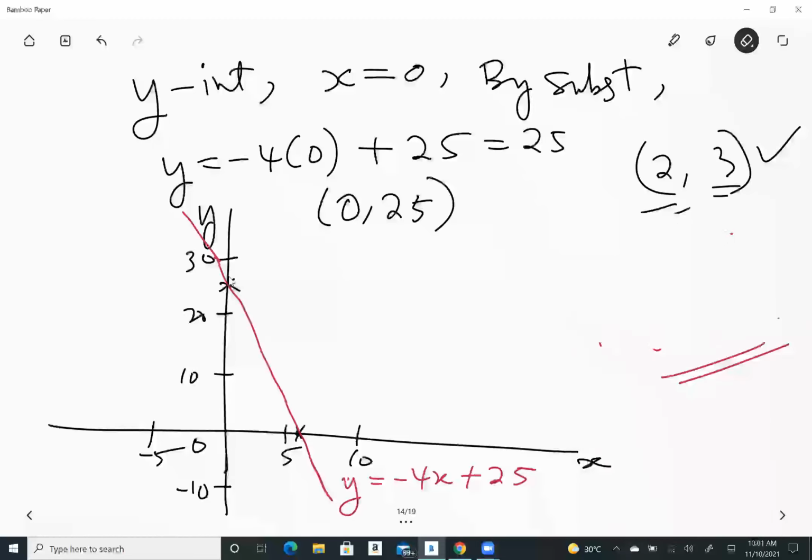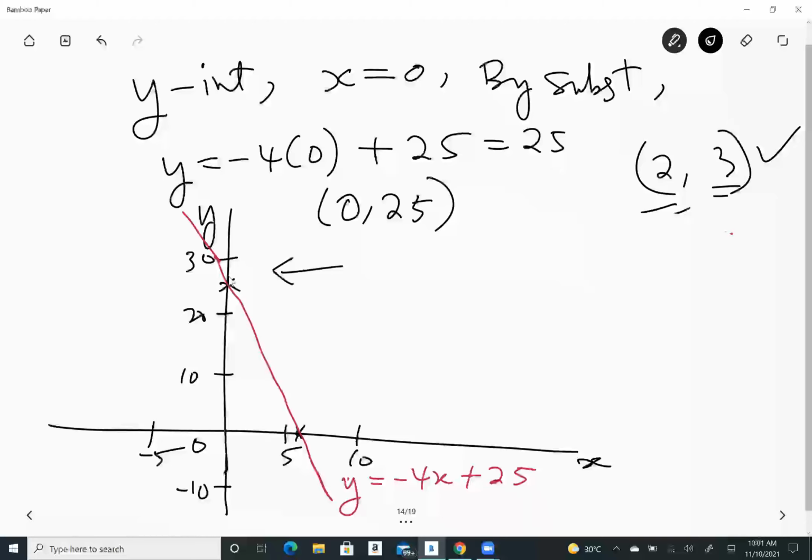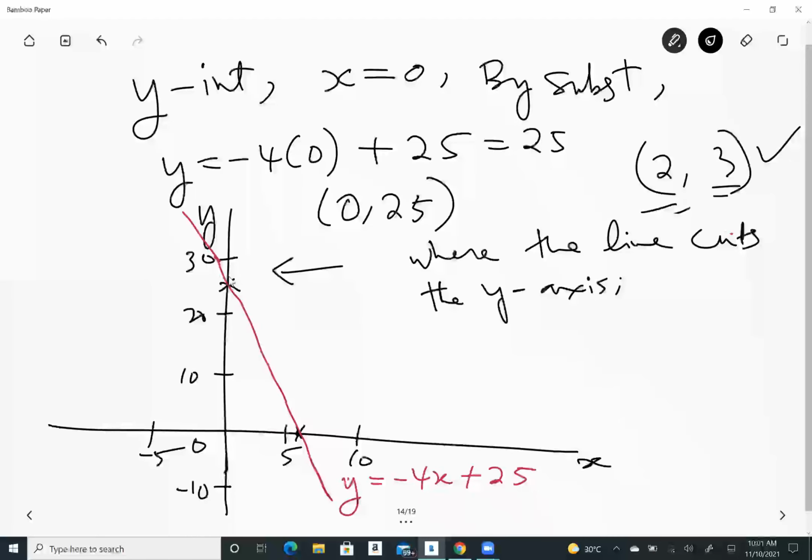Okay, so I think I will write down here. The y-intercept is where the line, the equation or the graph, cuts the y-axis. So it's the value of y at x equal to 0.